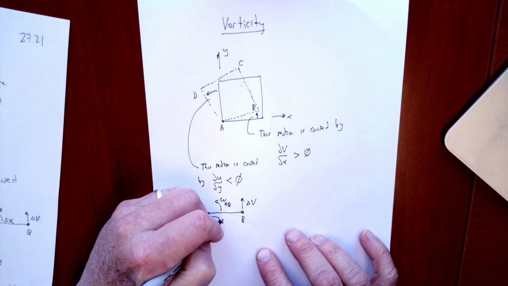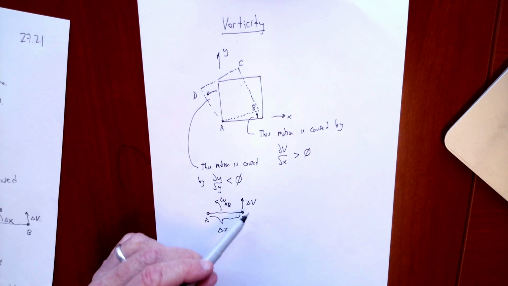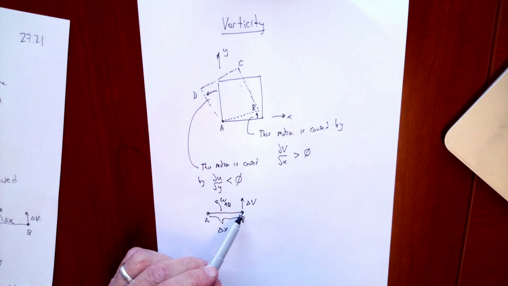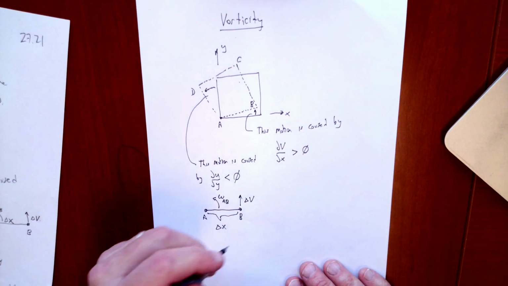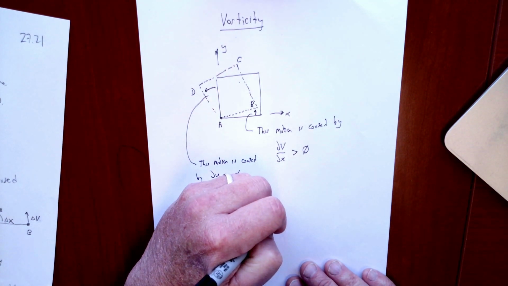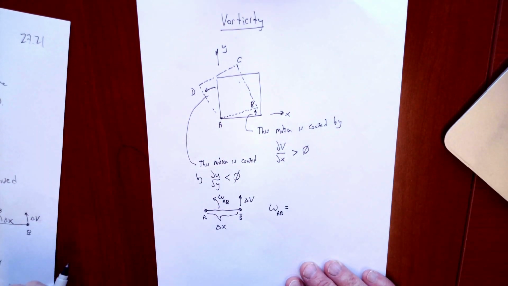And this distance, of course, is your delta x. So that is going to cause a rotation. If B is moving upward more quickly than A, it's going to rotate it counterclockwise. And we can mathematically calculate the amount of that angular rotation. So that's going to be our angular velocity.